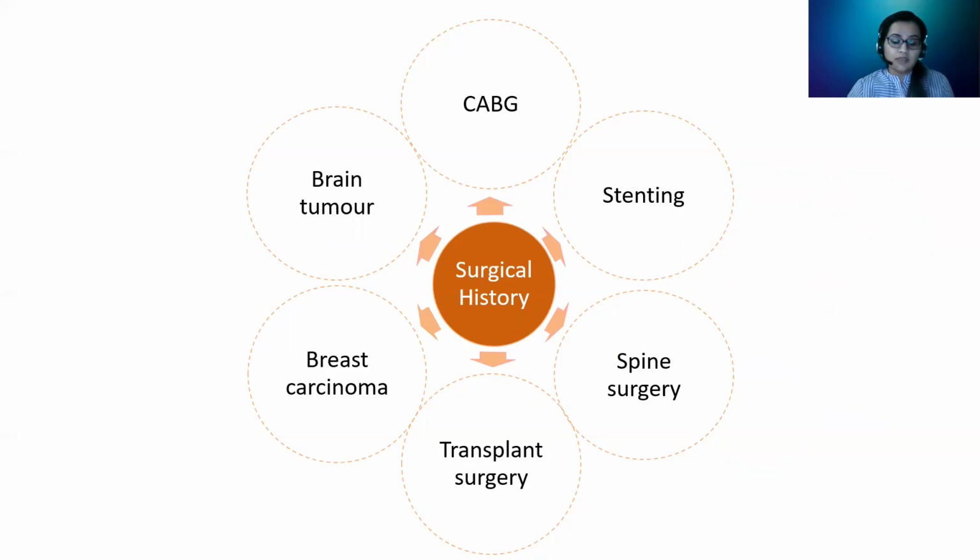History of transplant surgery should also be ruled out as it has its own anesthetic implications. Malignancies are common in these patients, so history of radiotherapy or chemotherapy should be taken. In elderly females operated on for CA breast, care should be taken to avoid IV cannulation and BP monitoring in the ipsilateral limb.